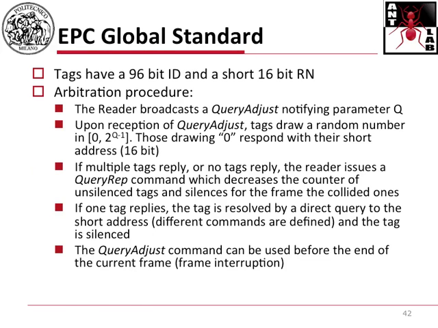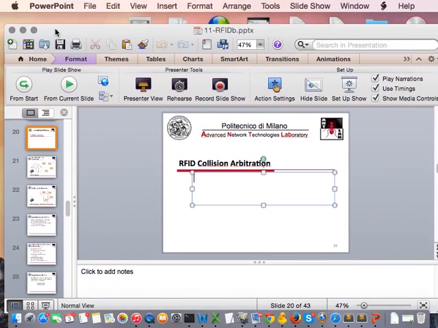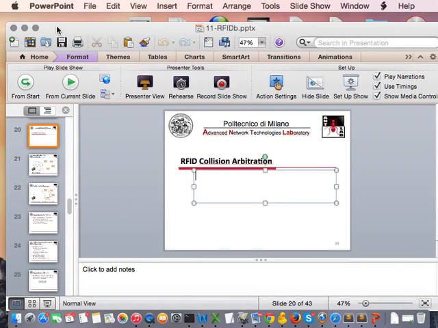The last 2 or 3 slides, we are not seeing in the course. It's just one specific arbitration algorithm used by one specific standard of RFID system. It's interesting, but not so much, in the sense that it's just a way things are practically implemented.